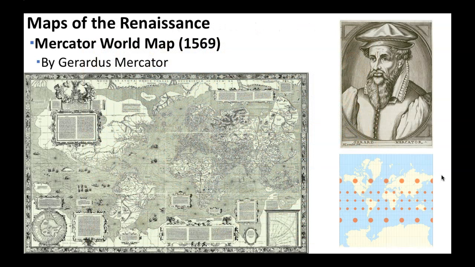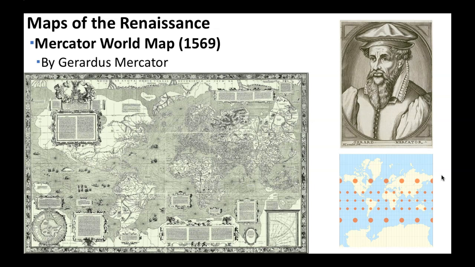We are going to begin to enter a period of more scientific cartography with the development of the Mercator world map by Gerardus Mercator. Gerardus Mercator was a mathematician, cartographer, geographer, as well as a merchant in Northern Europe. And he designed a projection of the world that took into consideration the most detailed mathematical formulas at the time as a way to try to flatten a three-dimensional sphere into a two-dimensional surface.